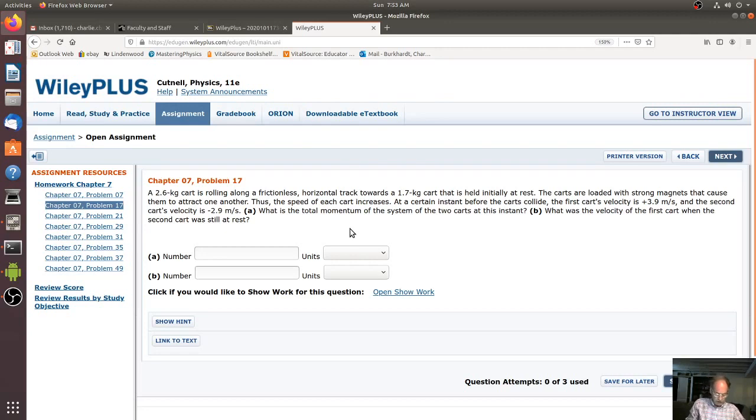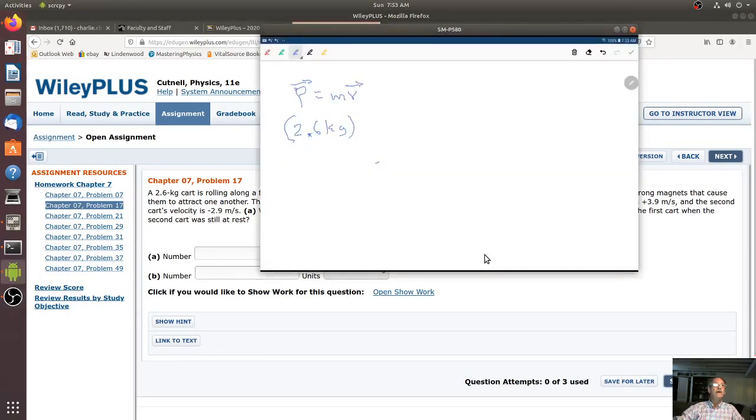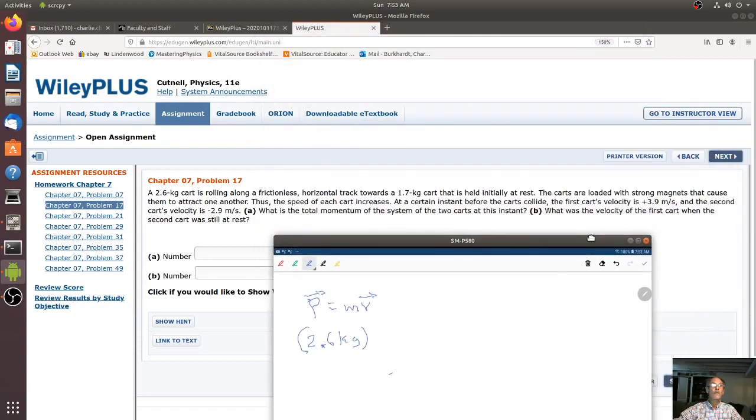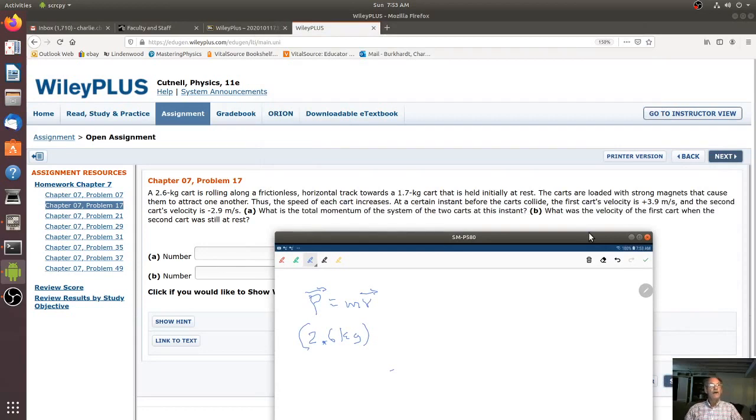Tablet is acting up on me here. 2.6 kilograms, 3.9 meters per second.